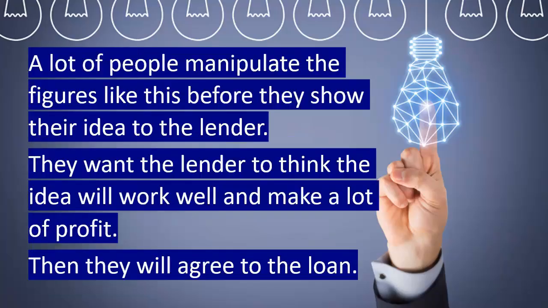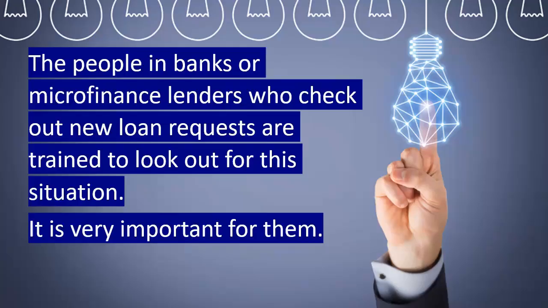A lot of people manipulate the figures like this before they show their idea to the lender. They want the lender to think the idea will work well and make a lot of profit. Then they will agree to the loan. The people in banks or microfinance lenders who check out new loan requests are trained to look for this situation.